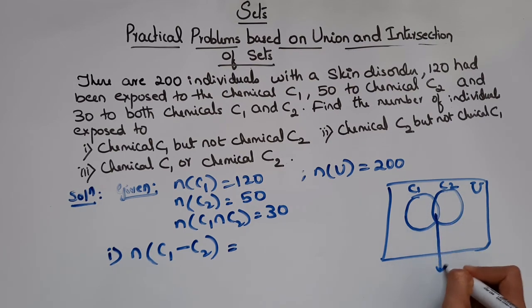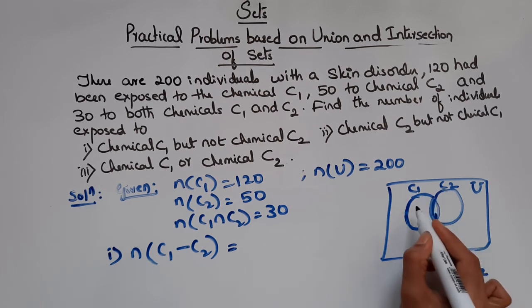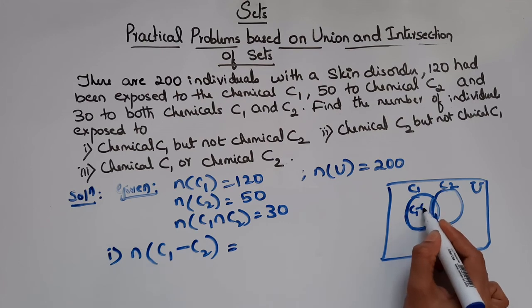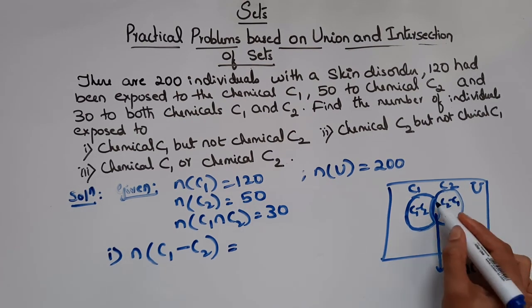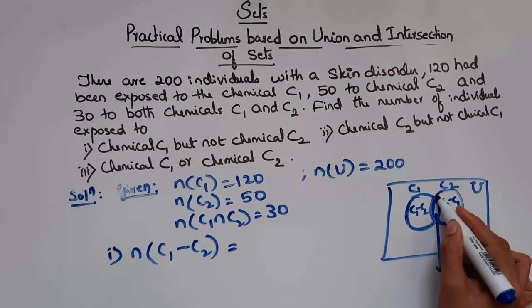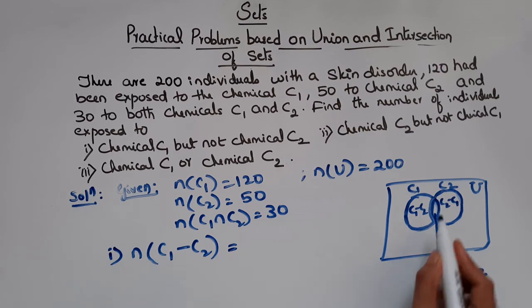And what is this? This is, we know, C1 intersection C2. And what is this part? That is C1 minus C2, right? And this is C2 minus C1. So now what is N of C1 minus C2? That is this region.